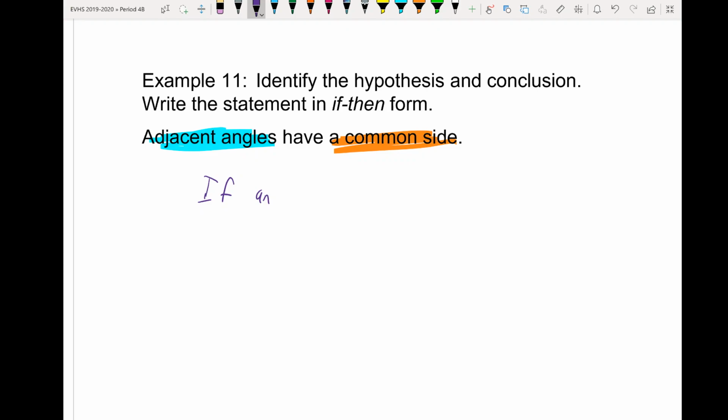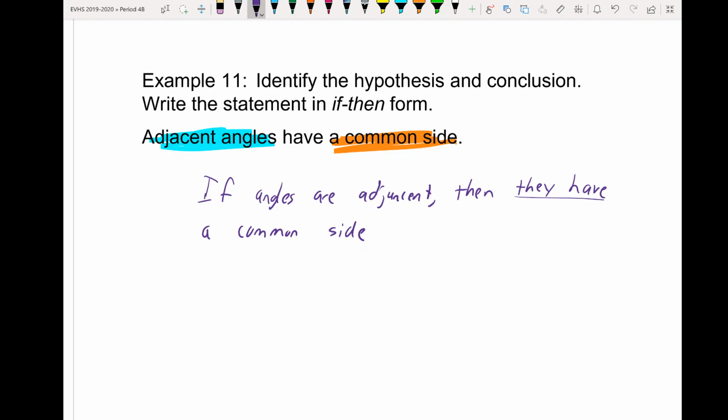And again, stay away from the "you'll have." Don't use the "you have." So if angles are adjacent, then they have a common side. And notice what I did here about "they have" versus "you have," because I don't share a side with an angle. The two angles share with each other.